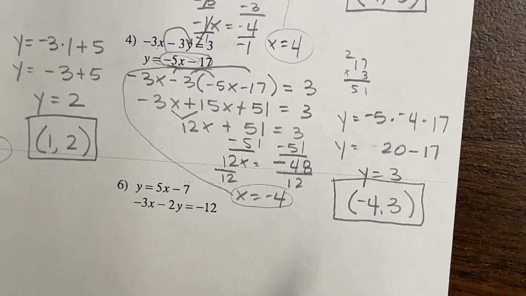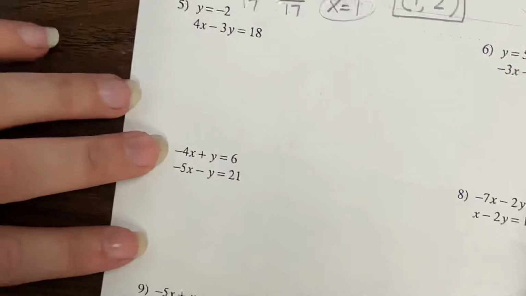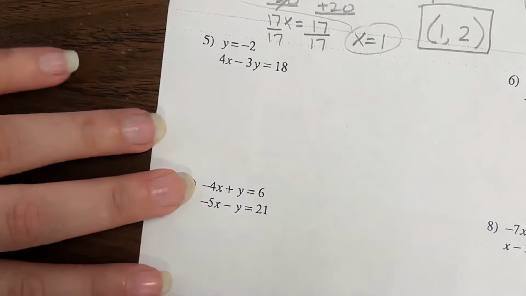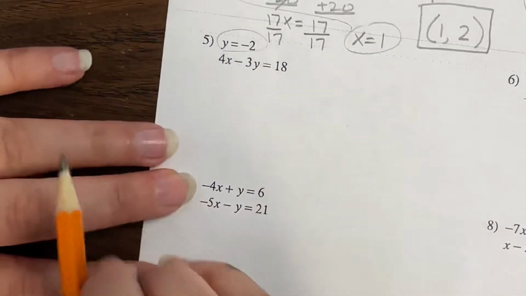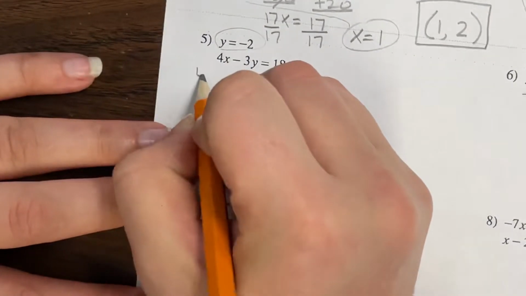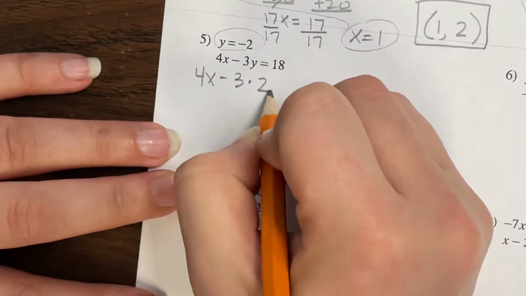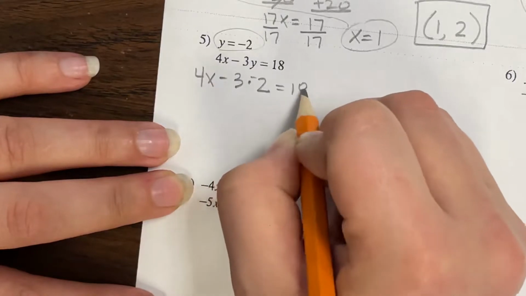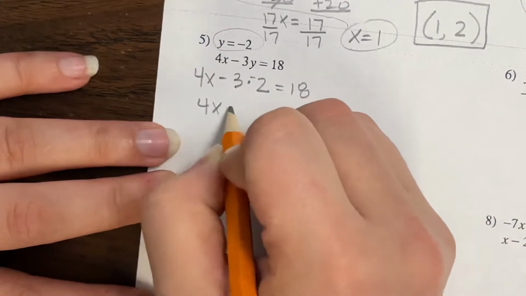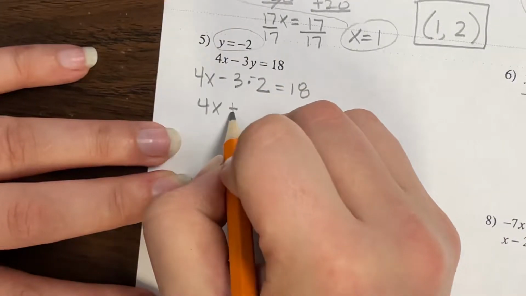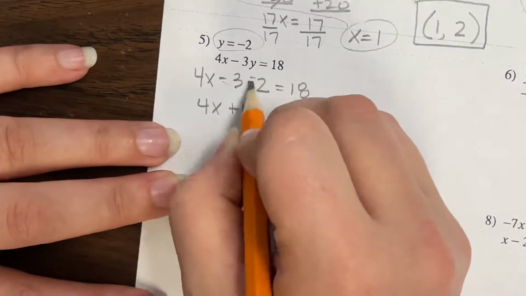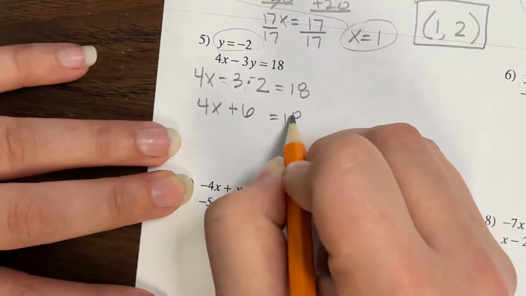All right. Number 5. Wow, this one's super easy. Look, it says y is negative 2. Cool, so we just do 4x minus 3y, but y is negative 2. That makes that a positive 6, because negative 3 times negative 2 is positive 6.